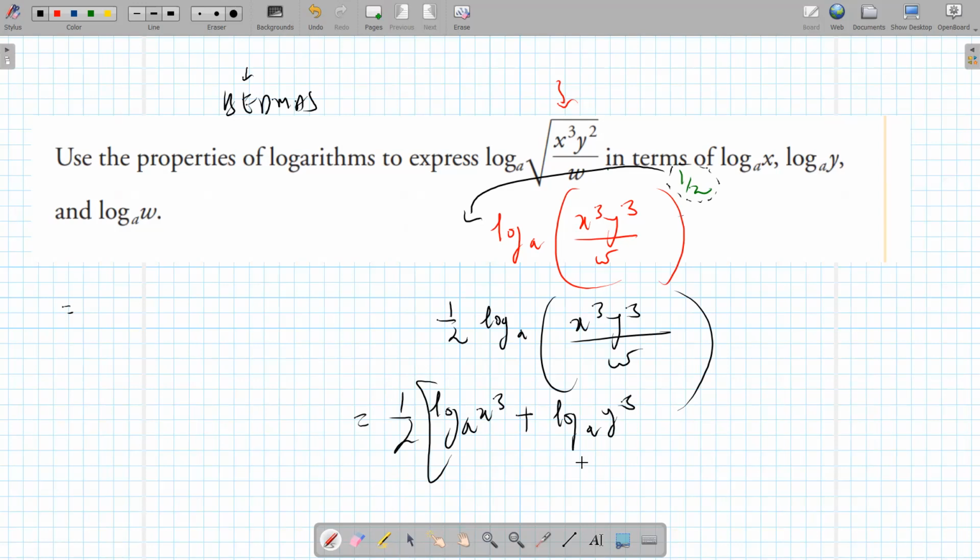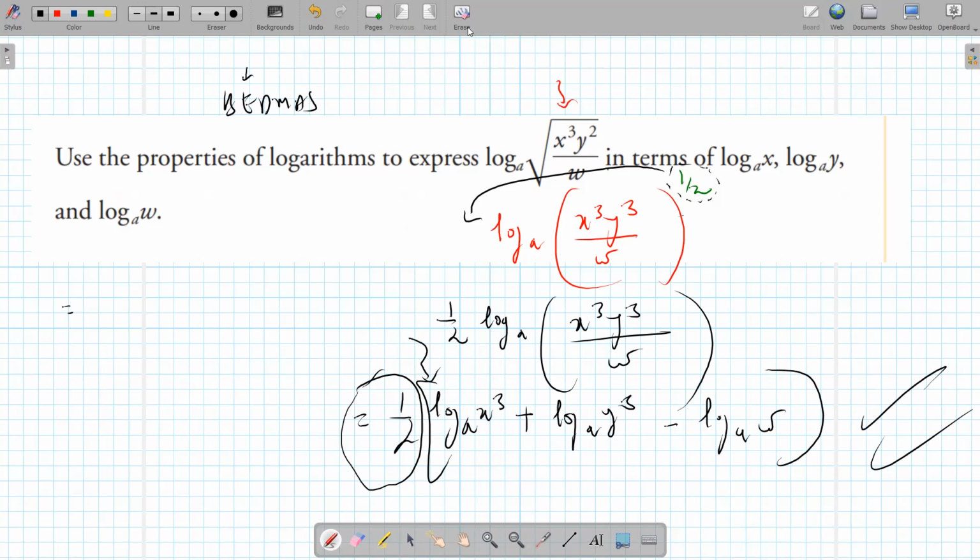Okay? And what do we do with the w? What do you think? Plus or minus? You subtract. Yeah, that's it. Minus log a w, and you are done. Final answer. This 1 over 2 here applies to everything inside. That's why I put a square bracket here.